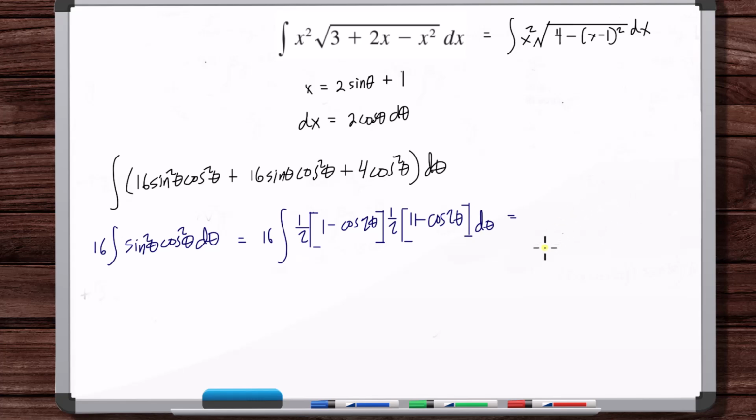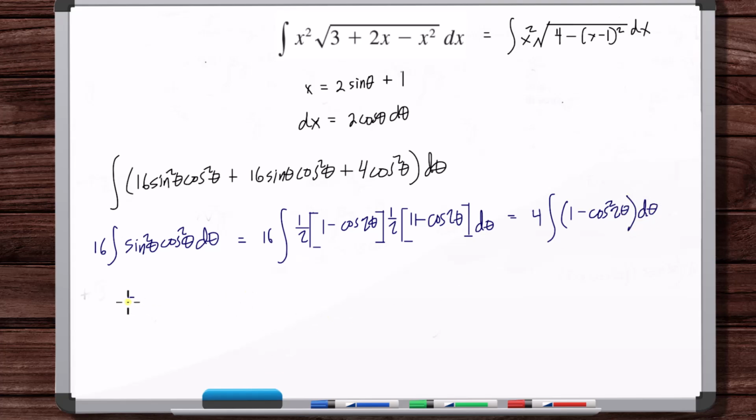Okay, so taking out 1/4, we have 16 divided by 4 is 4. Okay, 1 minus cosine 2 theta times 1 plus cosine 2 theta is going to be 1 minus cosine squared of 2 theta.